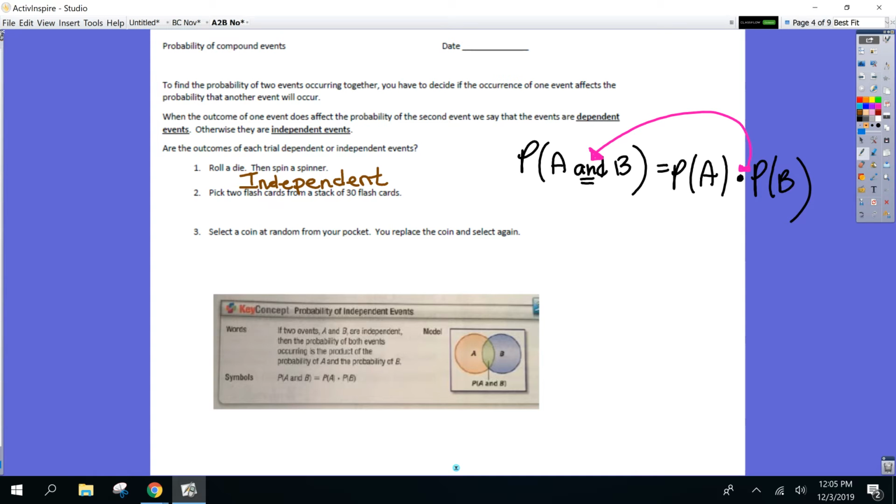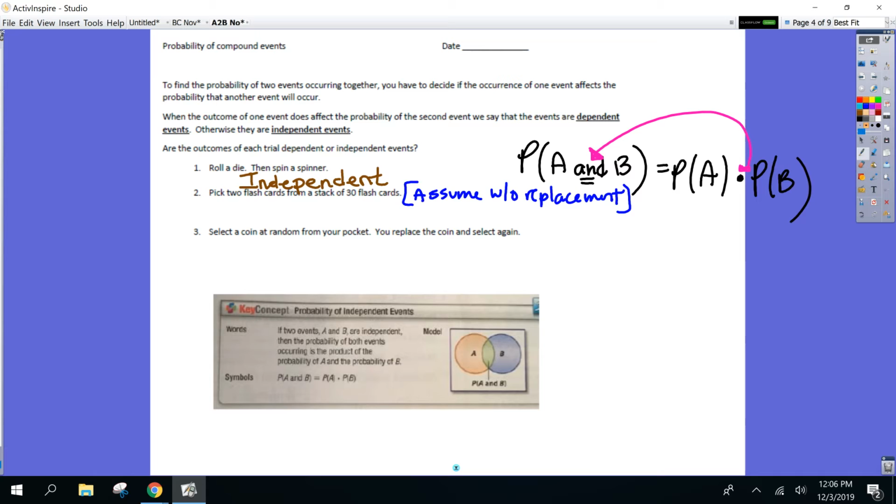Pick 2 flashcards from a stack of 30. Now, if it does not say, we assume we do not replace. Assume without replacement if it does not say in the problem. So you pick a flashcard, put it off to the side.